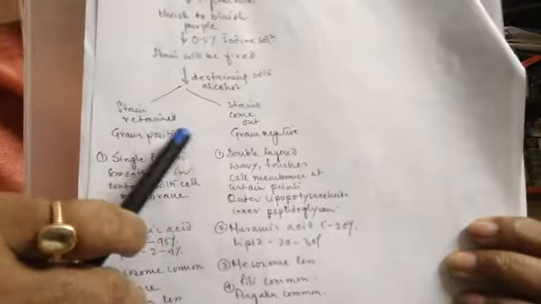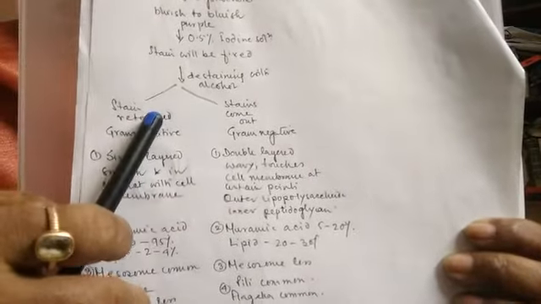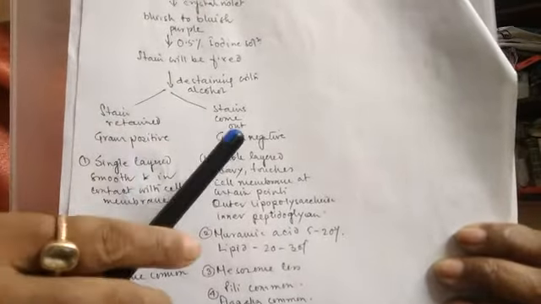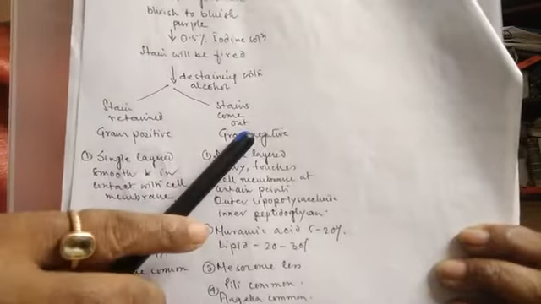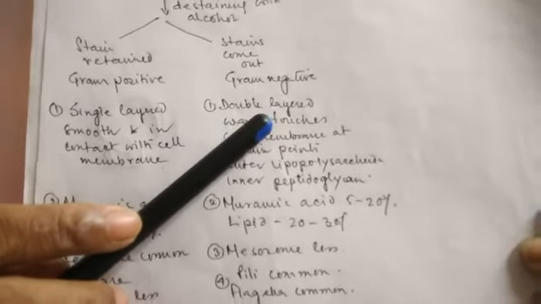So according to the retention of the stain, the bacteria were grouped into two major groups, the gram-positive bacteria and gram-negative bacteria. Those bacteria which retain the stain were called gram-positive, and those which release the stain after the alcohol wash were termed gram-negative.